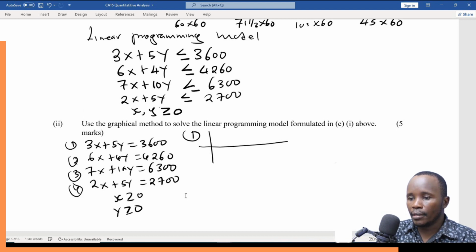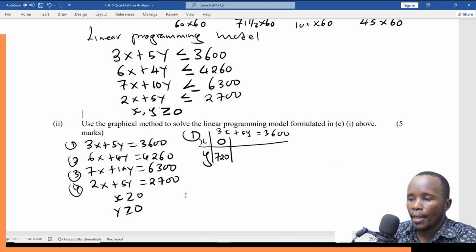So on 1, which is 3x plus 5y is equals 3,600, I will look for x and y intercept. Ask yourself, when x is 0, 5y is this, so this will give me 720. And when y is 0, 3x is 3,600. 3,600 divided by 3, 1,200. That is the first one.